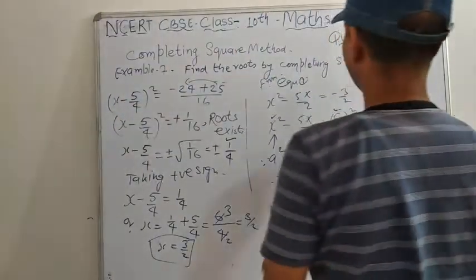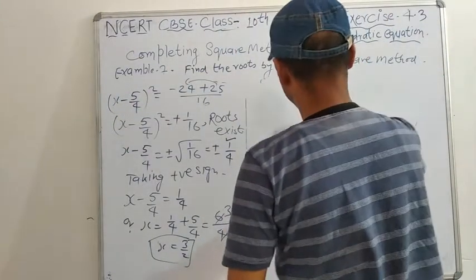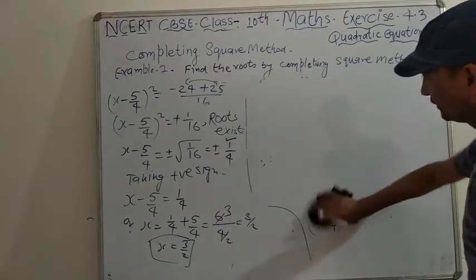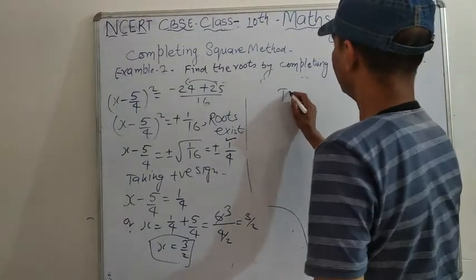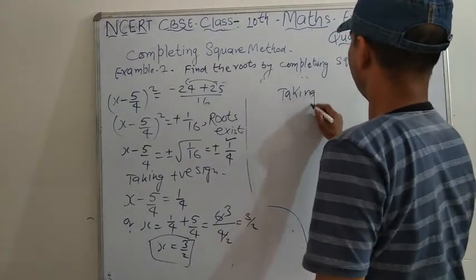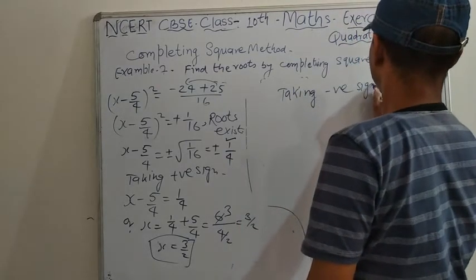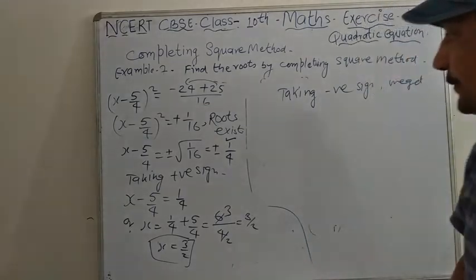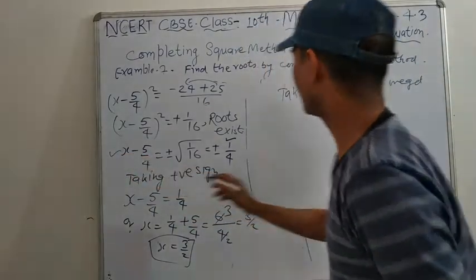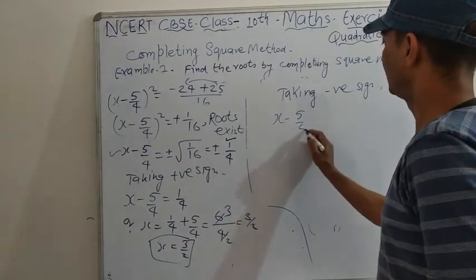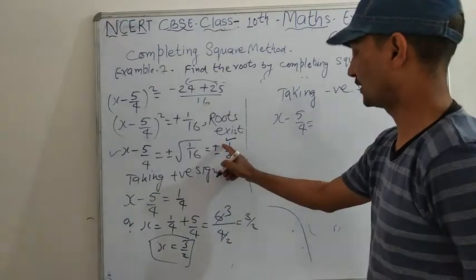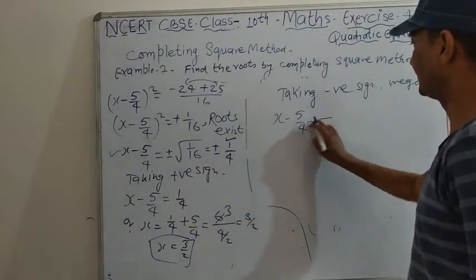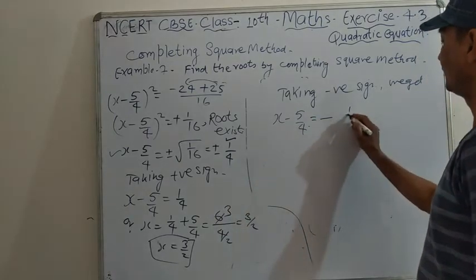And to get the second root, now taking the negative sign, x minus 5 by 4 is equal to minus 1 by 4.